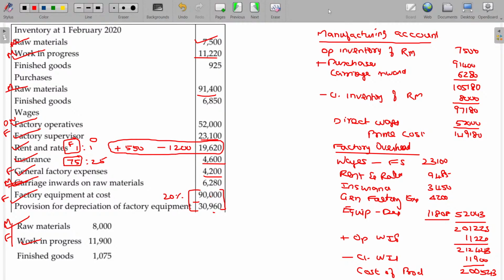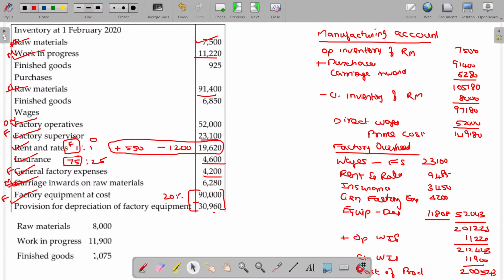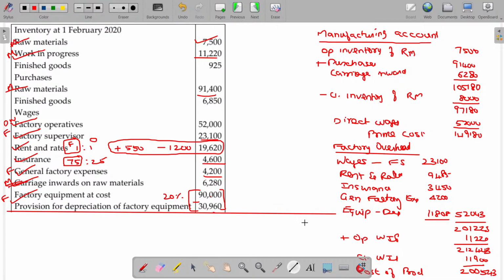Now we have to prepare the rent and rates account. Rent and rates account, like normal expenses, other payables accounts, like this will appear. Let's see. I'll prepare here.